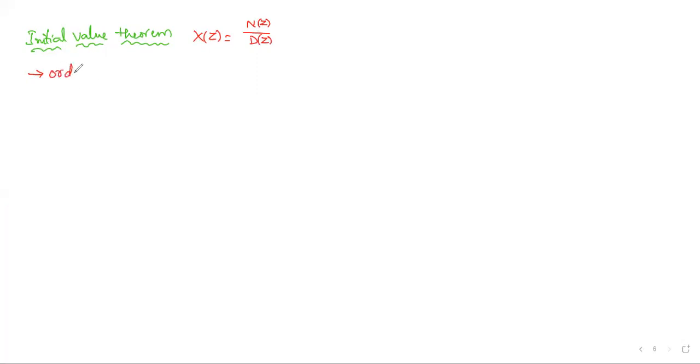The order of the denominator should always be greater than or equal to the order of the numerator. This is very important. If the order of the denominator is greater than the order of the numerator, then only can we use this initial value theorem. Otherwise, we cannot use it.